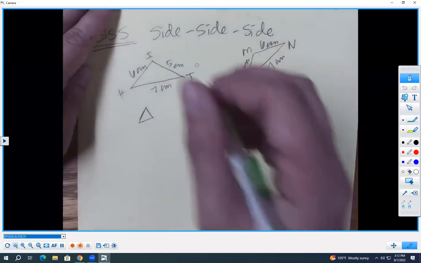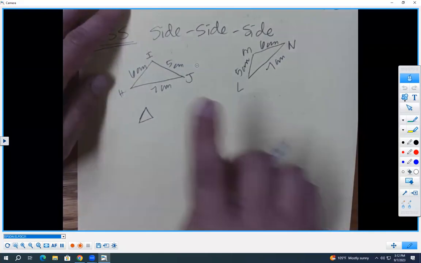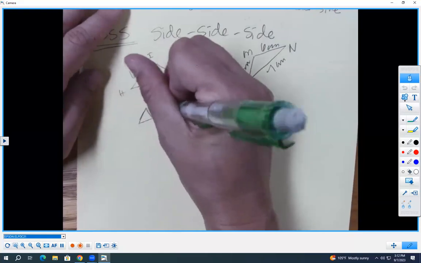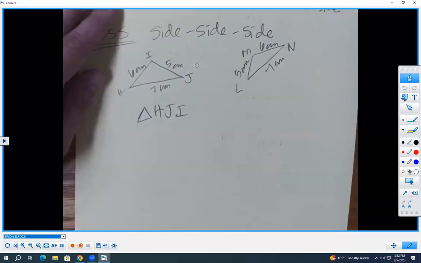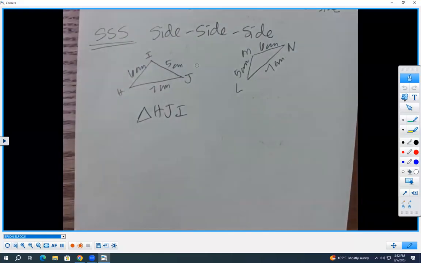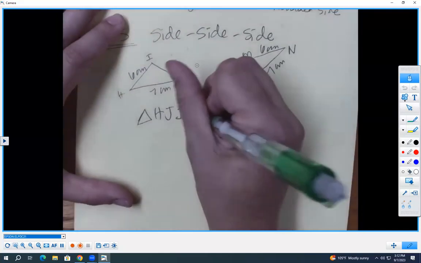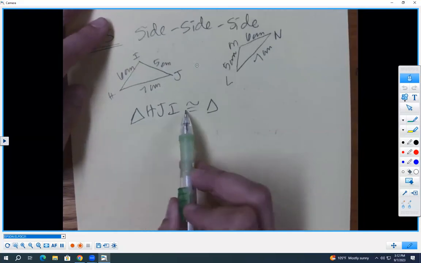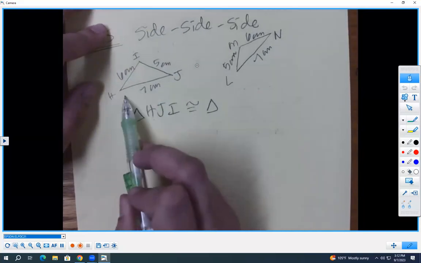Pick a way to rotate, it doesn't matter. What do you want to call this one? HJI. I know that is congruent to triangle. HJ is going across the 7 centimeters.